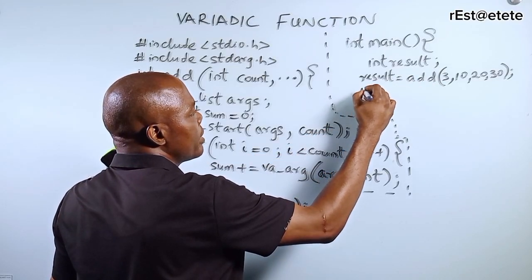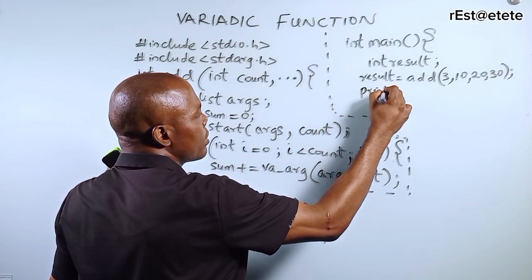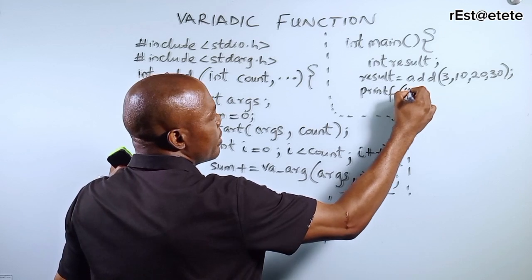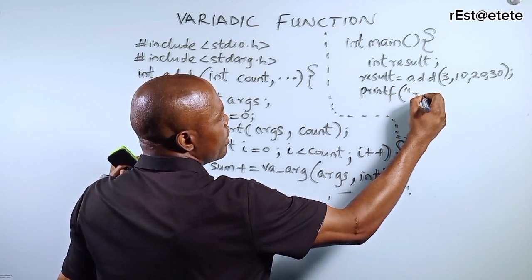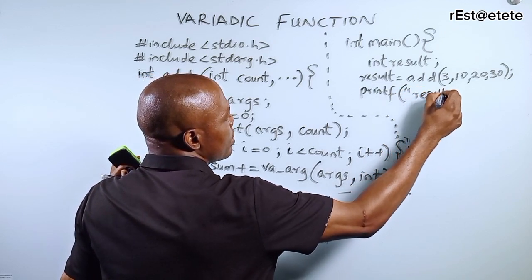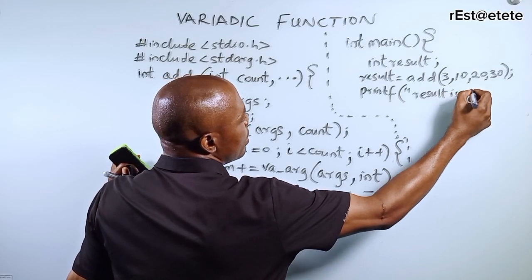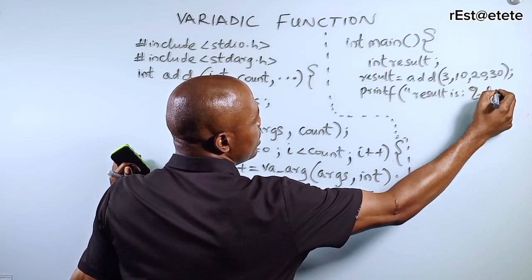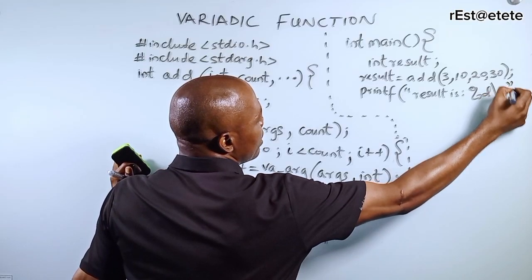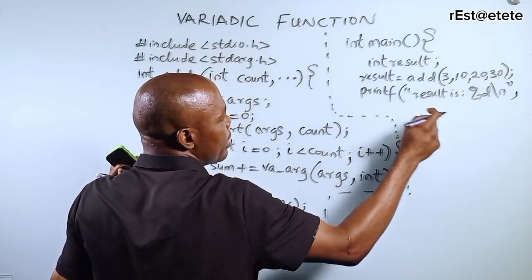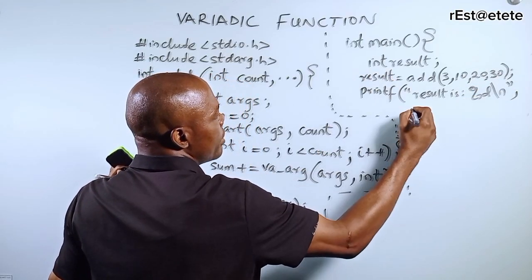Then I'll now say printf. I'll call my printf function. Printf, I'll say result is %d \n, comma. What should be there is what I'm going to write here. I will now bring this out.